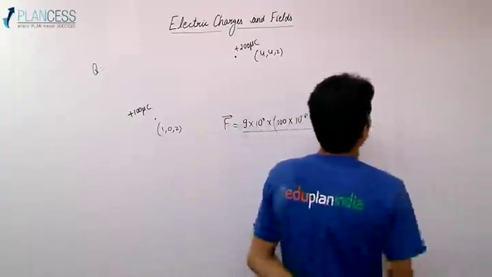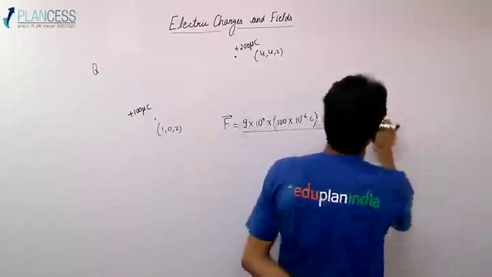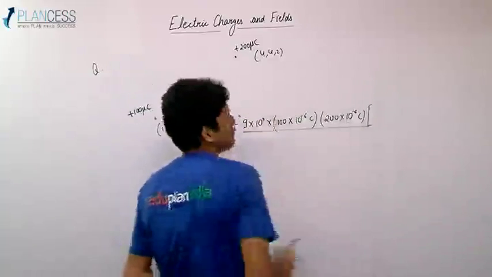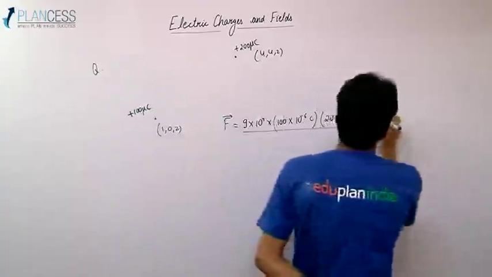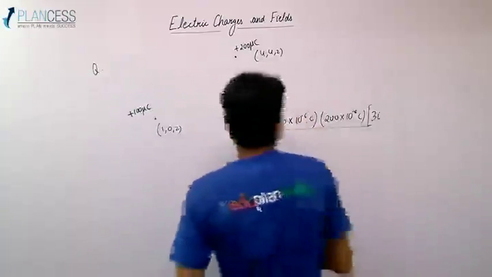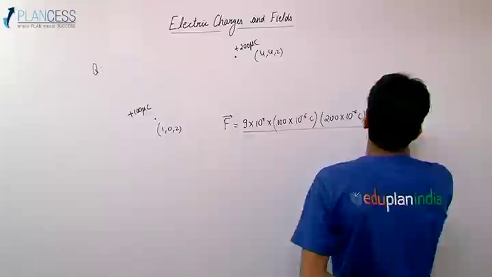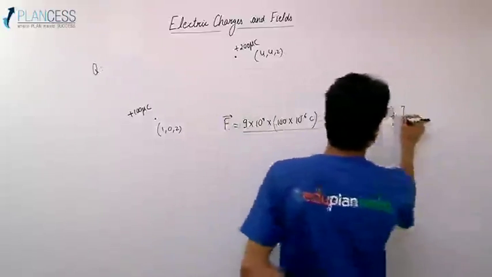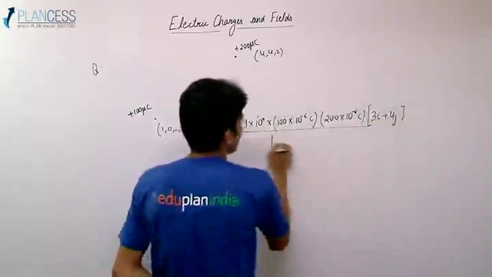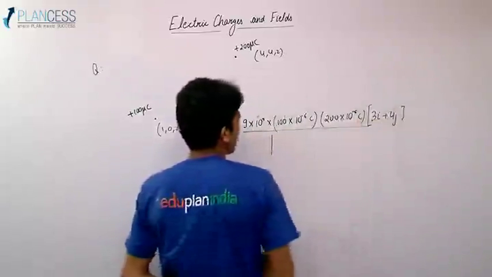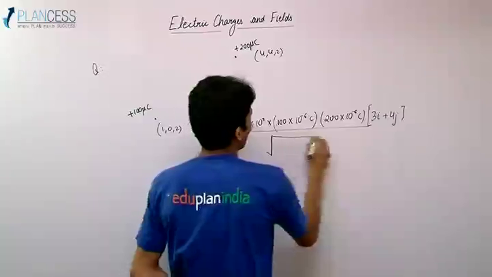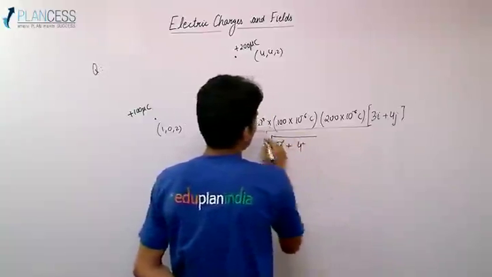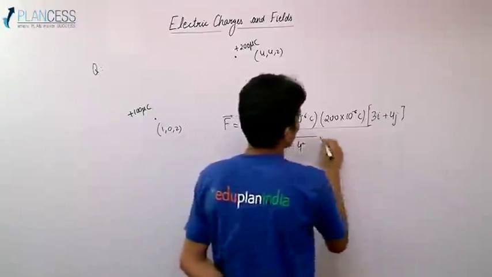Now we have to write the R vector. The R vector can be written as 4 minus 1, that is 3 i cap, 4 minus 0, that is 4 j cap, and 2 minus 2, that is 0 k cap. So 3 cap plus 4 cap divided by the modulus of 3 cap plus 4 cap, which would be root over 3 square plus 4 square, and its modulus is whole cube.